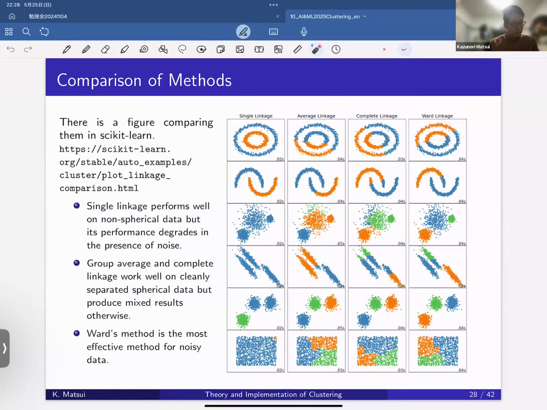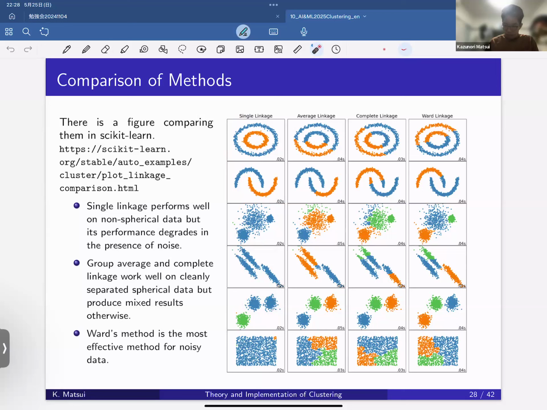Single linkage performs well on non-spherical data, but its performance degrades in the presence of noise. Also, large groups tend to form easily, as you can see from this.